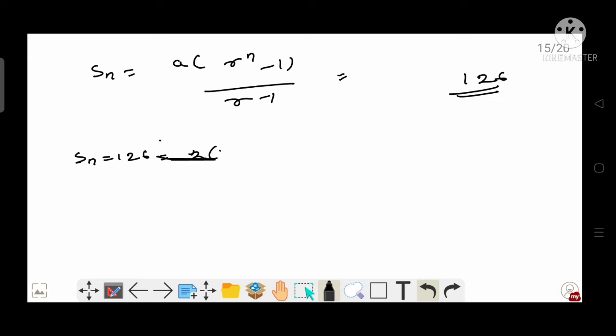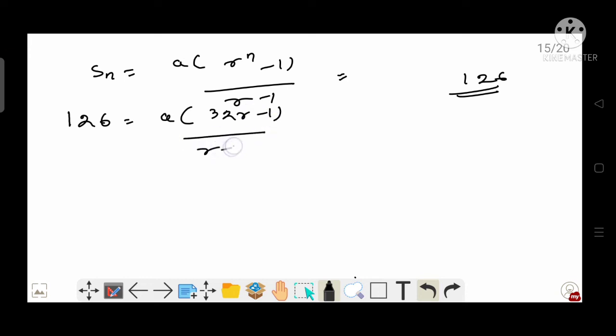So 126 equal to a into r to the power n, which is 32, minus 1 divided by r minus 1.